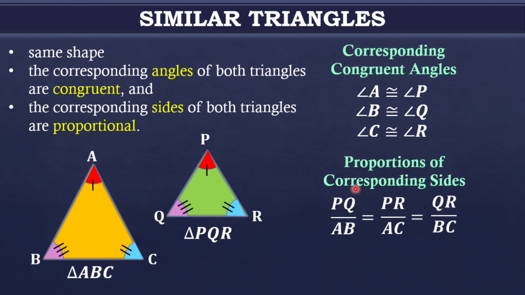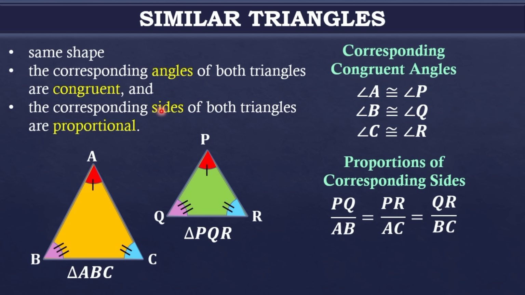So ito po yung tinatawag natin na ang tatlong sides po ng similar triangles natin must be proportional. So, ang difference niya po sa congruent triangles, pag congruent triangles po, corresponding angles are congruent, and the corresponding sides are congruent. But when we say similar, only the corresponding angles are congruent.